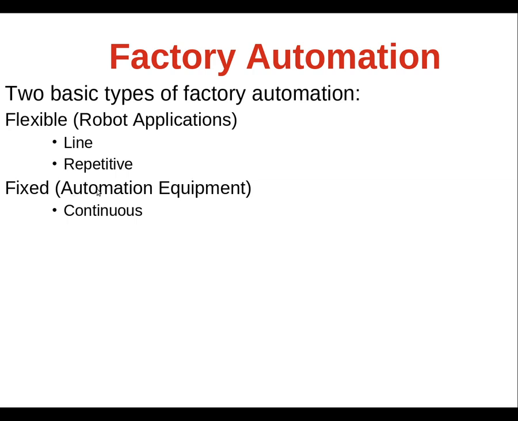The one is the fixed, which was listed there as continuous. That doesn't necessarily have a lot of need for robotic arms, but is definitely geared toward PLCs, programmable logic controllers, where you've got the material coming down a conveyor and you're processing large amounts of the exact same product. And then there's what they call the flexible, which the line and repetitive fall into for the most part.